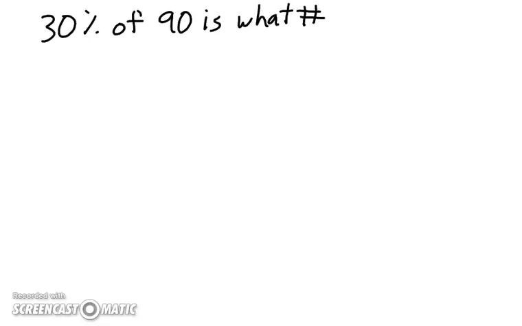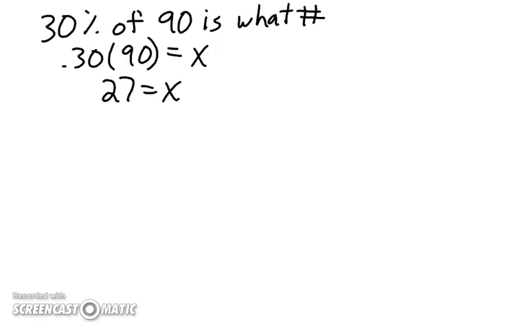It's just going to be basic arithmetic. The 30% is 0.30. The of is multiply times 90. Remember, of means multiply. Is means equals. So equals, and then what number we don't know, we'll call that x. But we have 0.30 times 90. That's just 27 equals x. And you're done with that.